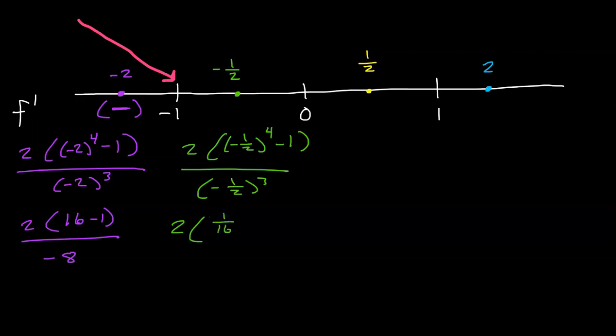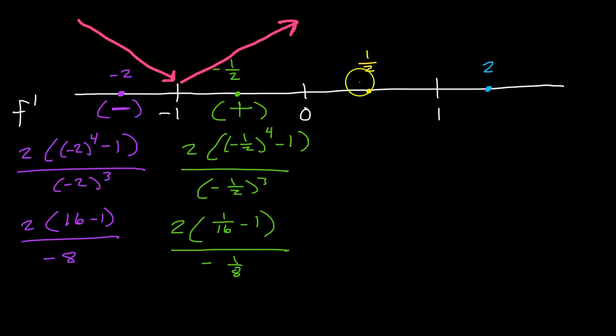So I'm going to have 1/16 minus 1, and down here this is going to be negative 1/8. But look, 1/16 minus 1 is a negative number, and a negative number times 2 is still a negative number. So we have a negative divided by a negative, which will give us a positive for the derivative in this interval, which tells us that the function is going to be increasing in this interval.